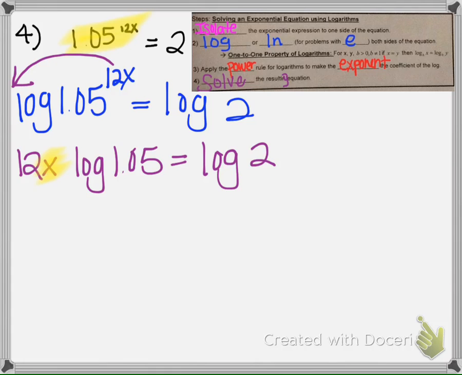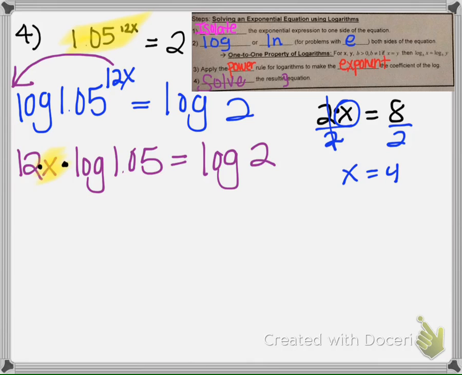So this 12 here is being multiplied by the x, and this x here is being multiplied by the log. So we know when we have an equation like this, a linear equation, that when everything's being multiplied, like the 2 and the x is being multiplied, to get rid of the 2, we would divide by 2, leaving just the x equals 4. So just like we do that, with this log here, it's the same thing.